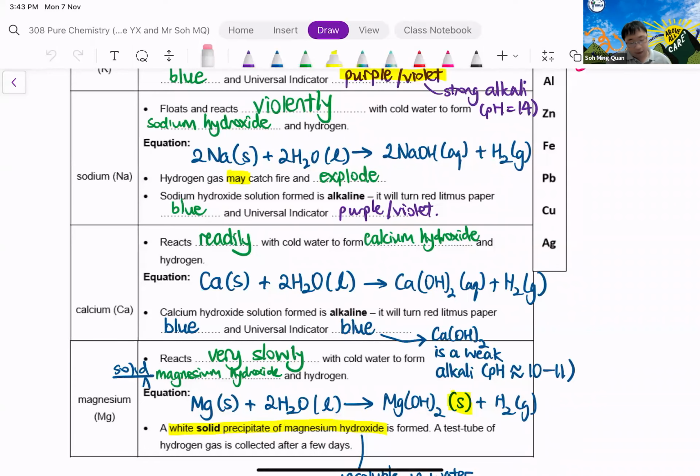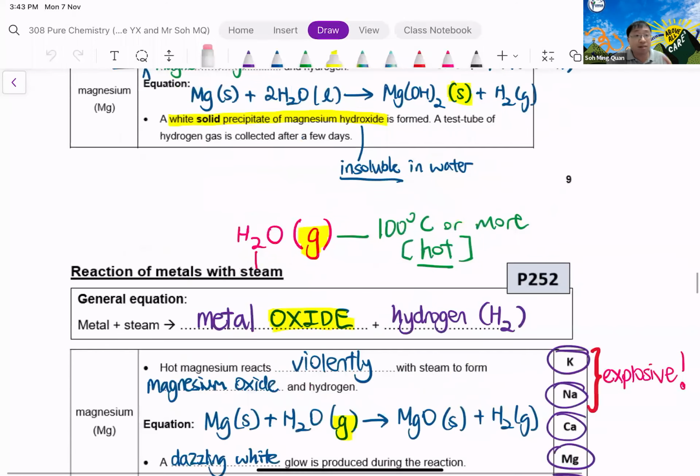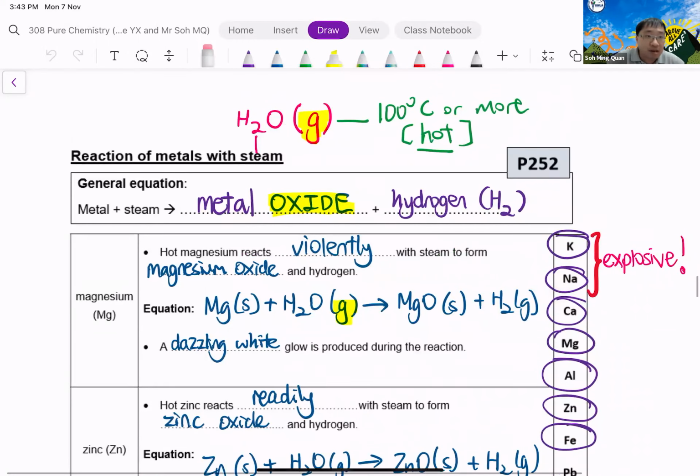Okay. Then we also spoke about steam last lesson. Now, steam, importantly, you need to realize that steam is hot. It's basically boiled water. Water has finished boiling, meaning steam must be at least 100 degrees or higher. So it's a high temperature. So obviously, with a higher temperature, your particles have more kinetic energy to move faster and collide more often.